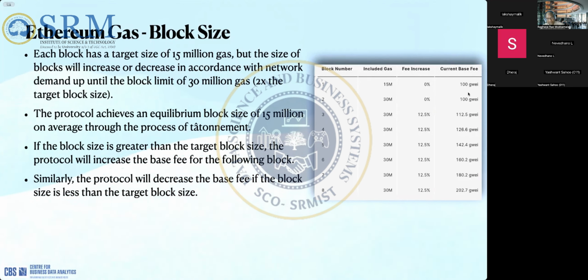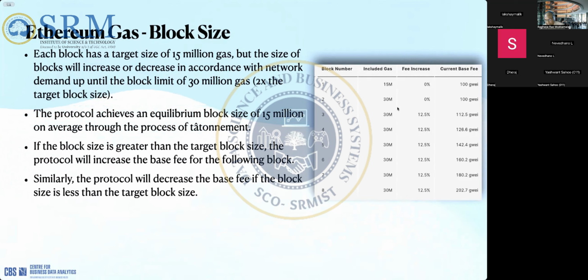Let's say that due to the increase in demand, the blocks can go up to twice the target size. That means they can pack transactions up to 30 million gas. Right? So then the second block is now with 30 million, so it is exceeding the target block.